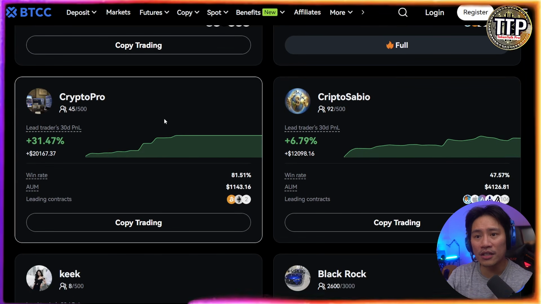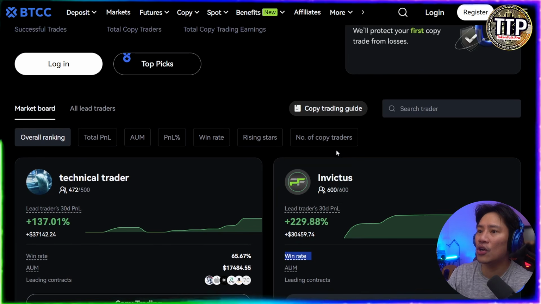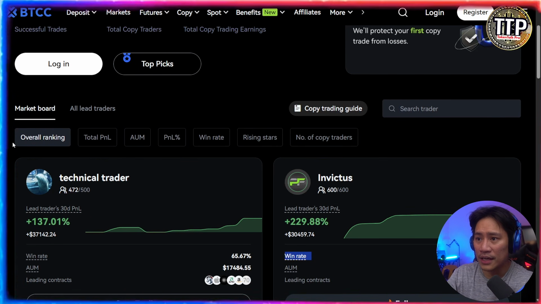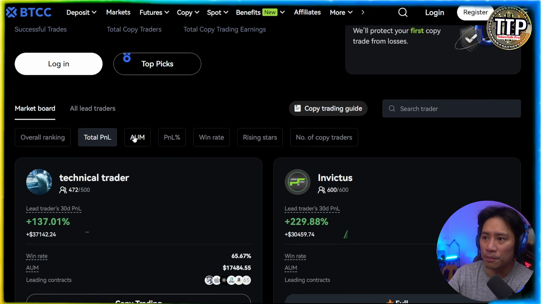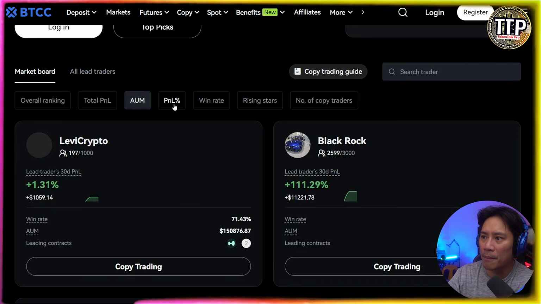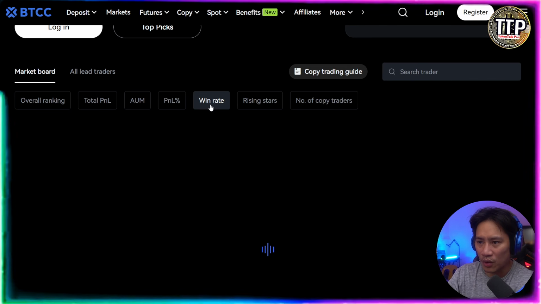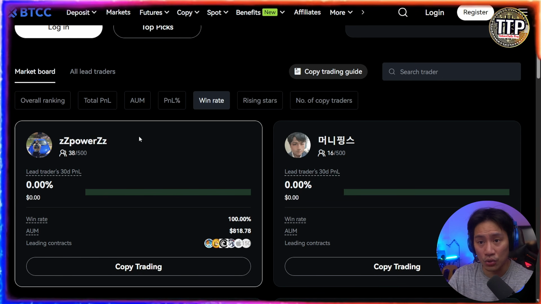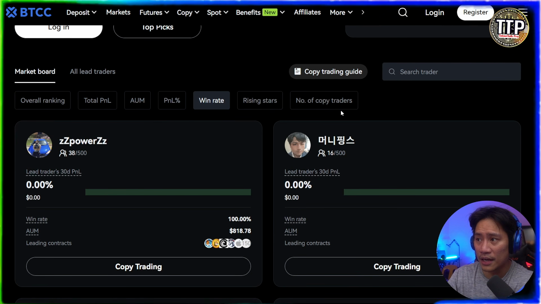So a separate section is also highlighting the ones that you could select. Overall ranking, you have total PNL, AUM, PNL percentage, and the win rate. So it is sorting based on the one that is on top.